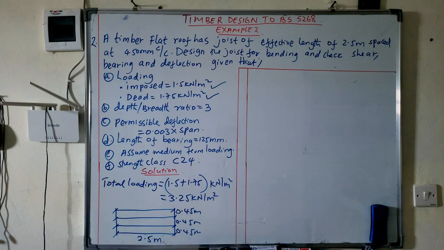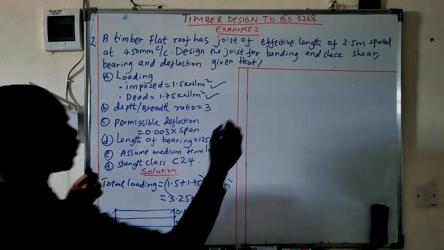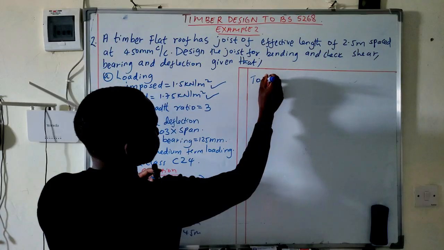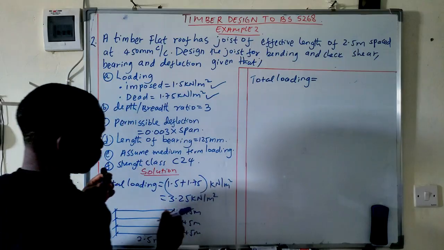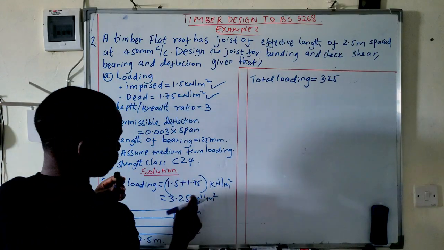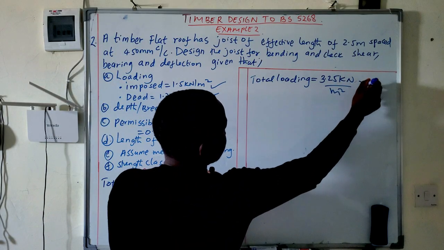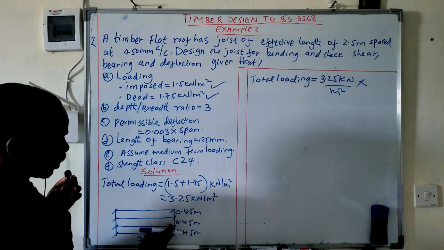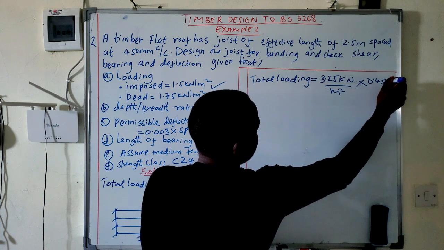So for you to reduce this 3.25 kilonewton per meter square, you will do this: total is equal to 3.25 kilonewton per meter square times the distance of spacing, which is 0.45 meter.